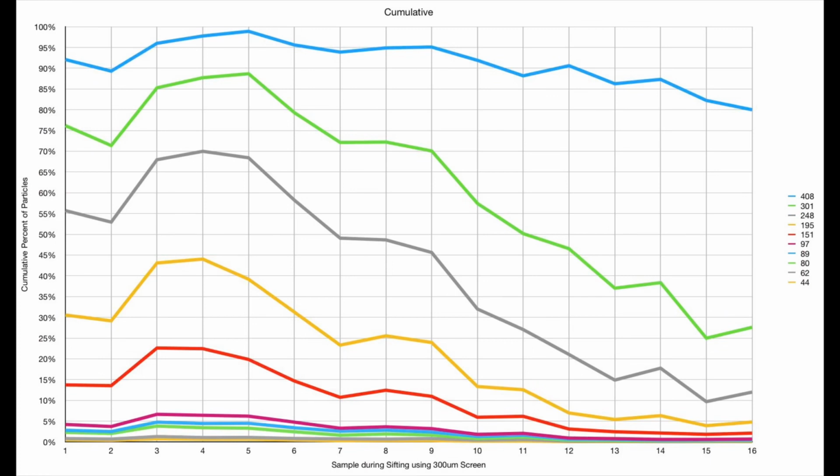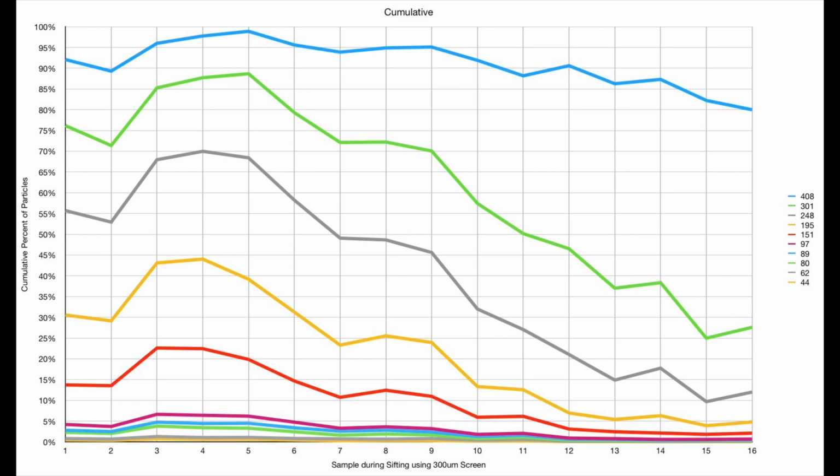For example, the top line is for the 408 micron, so each point is the percentage of particles less than or equal to 400 microns. There is a drop off for 301 micron and below, which means that coarser particles are sifted more frequently at the end of sifting.